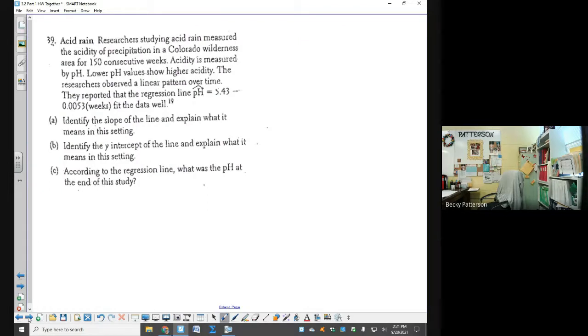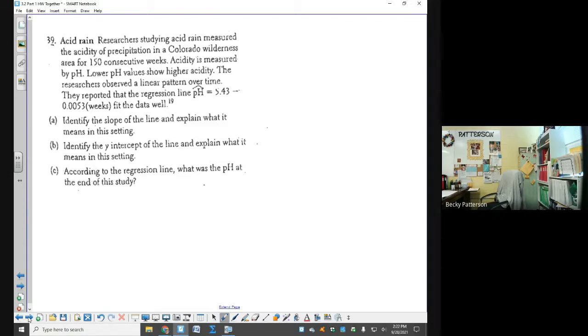39. Researchers studying acid rain measured the acidity of precipitation in a Colorado wilderness area for 150 consecutive weeks. Acidity is measured by pH. Lower pH values show higher acidity. The researchers observed a linear pattern over time.